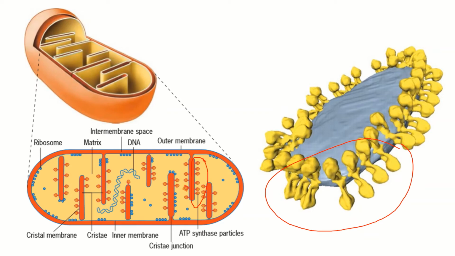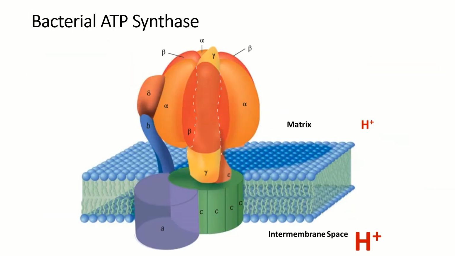And they are the machinery that are used to make ATP in oxidative phosphorylation. So this is how one would look like. So this is from a bacterium. And you can see here it is embedded. It is a transmembrane protein complex. It's embedded in the inner mitochondrial membrane.